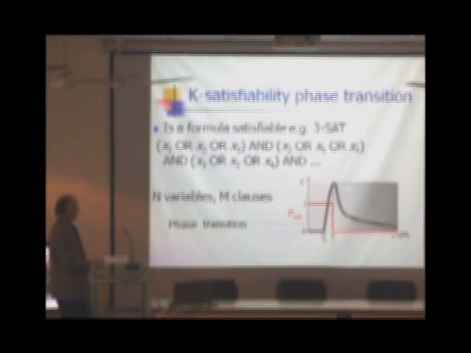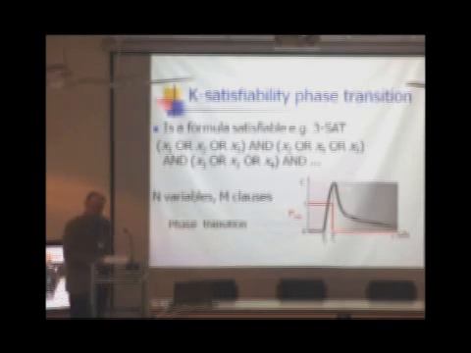And in the 3-sat case, this has been found for random 3-sat pretty much exactly using methods of statistical physics, replica methods, and it's known to be around 4.3. The computational time taken to solve the problem can also be estimated by statistical physics methods, and it's this curve here. And you can see there's a peak in the computational time exactly at the phase transition. This is for the decision problem.